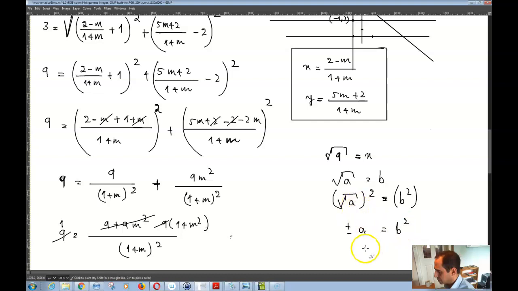So that means that a is equal to plus or minus b squared, something like that.